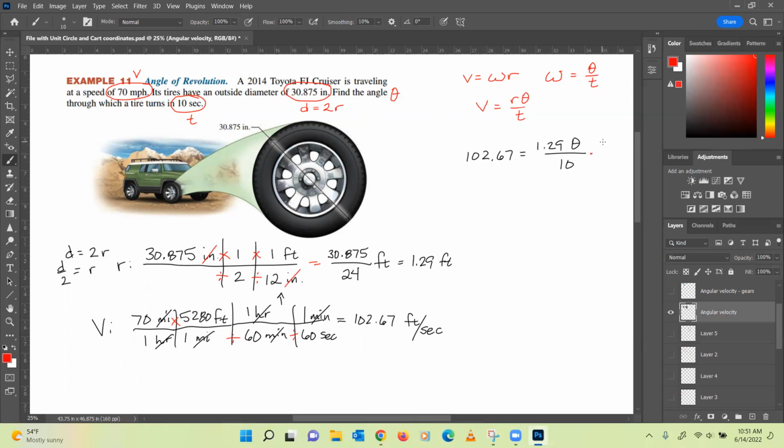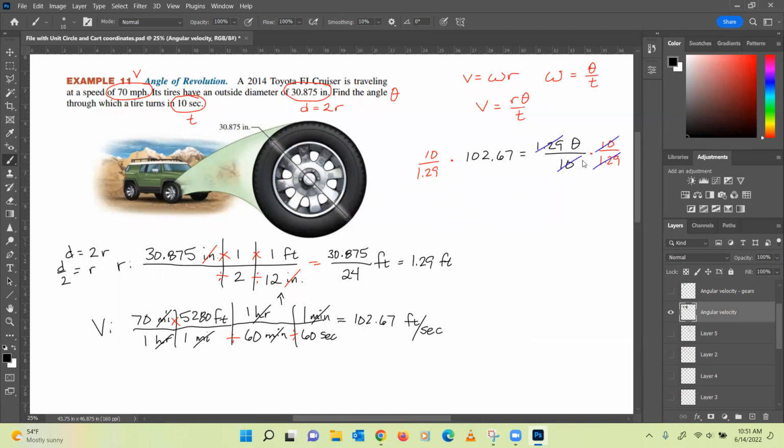Well, if I multiply by 10 divided by 1.29 on both sides, anything I do to the left, I do to the right, correct? So now these 10s will cancel, the 1.29 will cancel. And when I say cancel, I really mean I end up with 1, because 1.29 divided by 1.29 is 1. 10 divided by 10 is 1.